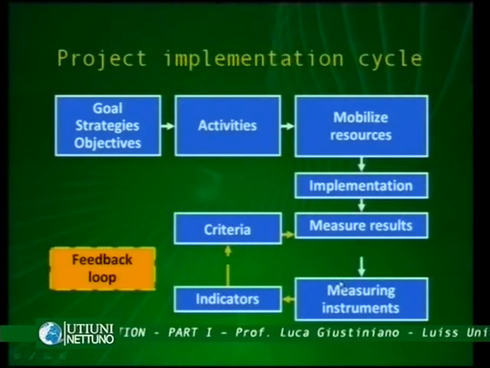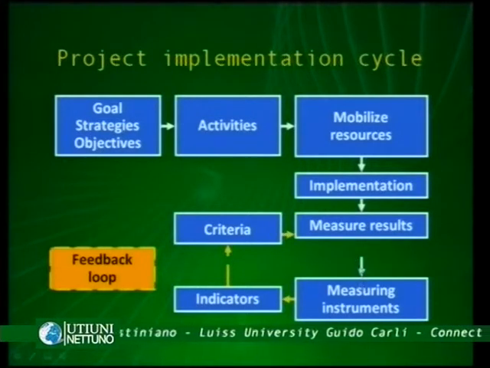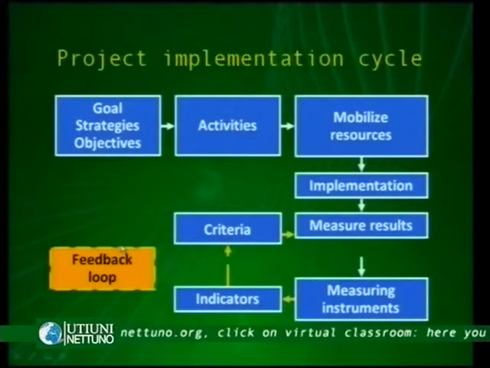This is the main cycle of the implementation, from the objective to the results. The measuring instruments are the connecting ring between this operational cycle, the mainstream, and the feedback loop.